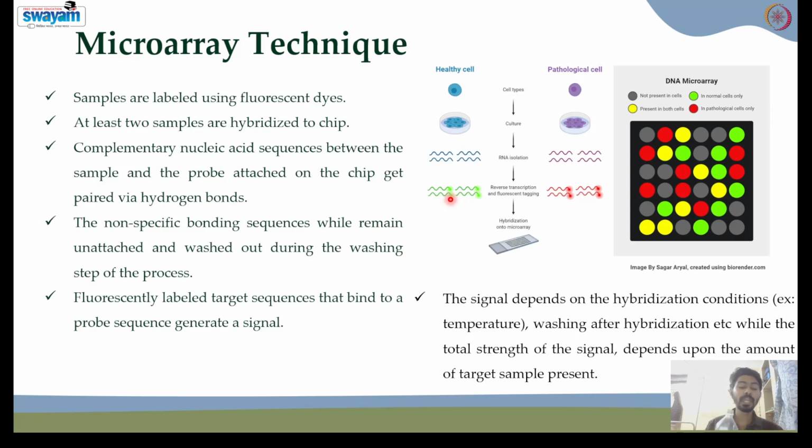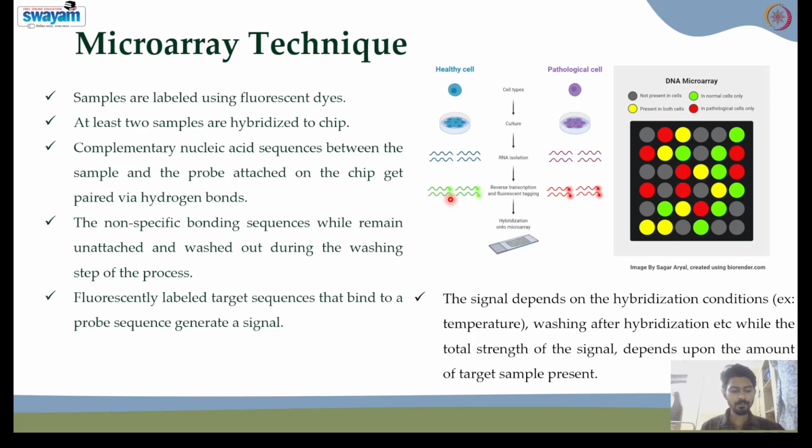So you need to label the sample, and you need at least two samples to hybridize into the chip. And we have seen that the main principle is complementary base pairing between the sample and the probe.